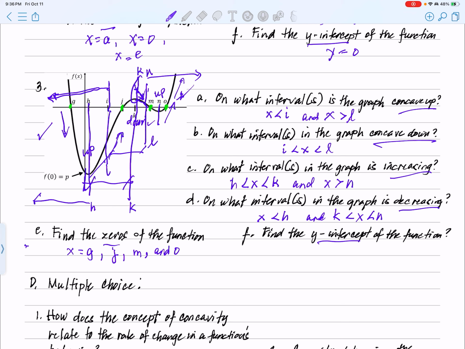Okay? The points where it hit the x-axis.